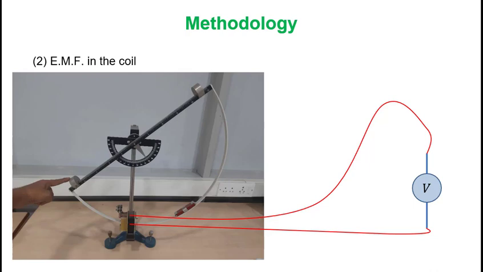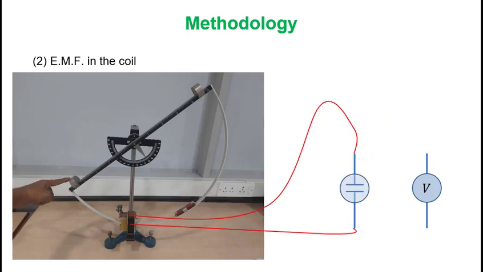So we may connect a capacitor to the coil and oscillate the magnet multiple times, say n times. By doing this, the capacitor may get charged to the voltage n times E, where E is the EMF of the coil and n is the number of oscillations of the magnet.